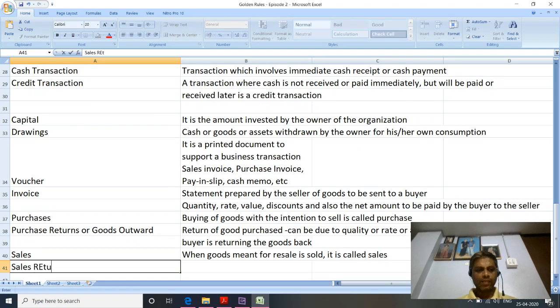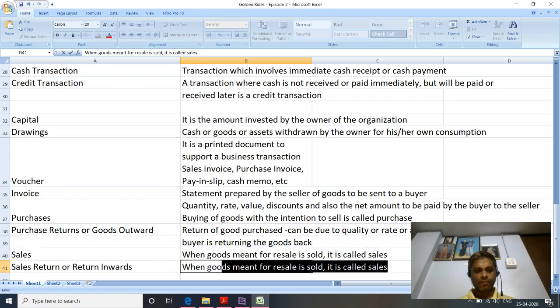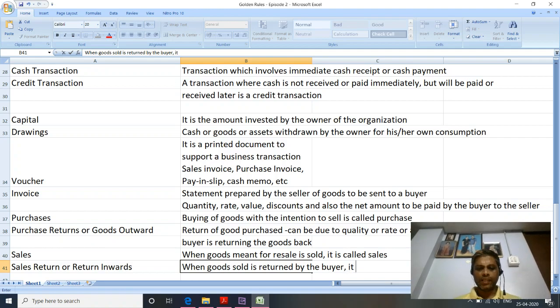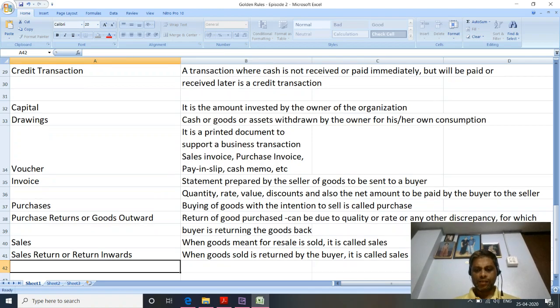Then sales return, or return inwards. When goods sold are returned by the buyer, again for rate or quantity or quality discrepancy, it's called sales return or return inwards.